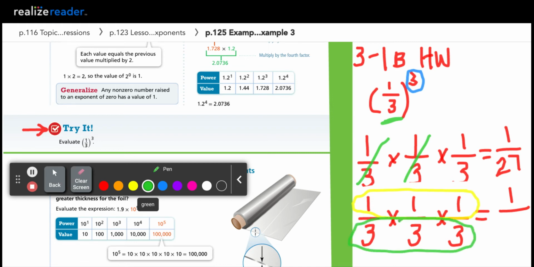Okay, I can put that into my calculator. 3 times 3 is 9. 9 times 3 is 27. So we can use our calculators to help us with these exponents, but only if we remember those basic rules for multiplying fractions, because you can't put 1/3 into your calculator. You have to break it up and multiply the numerator straight across, multiply the denominator straight across, like you would do if you didn't have a calculator.